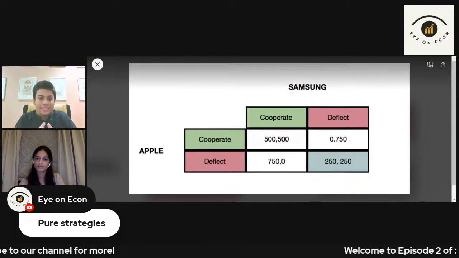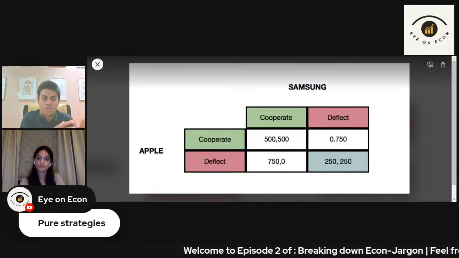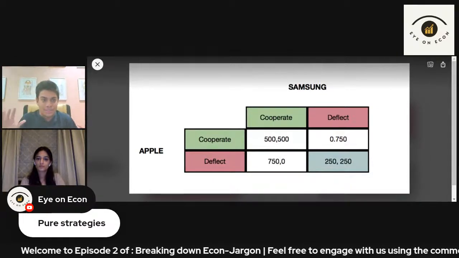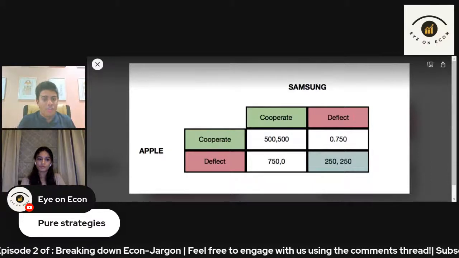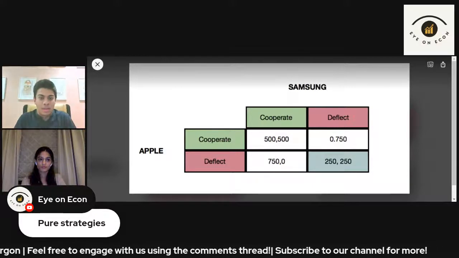So in this case, cooperating would mean going ahead with that agreement and sticking to a certain quota on price or quantity that both companies have agreed with. Deflecting or defecting from it would mean straying away from it and having your own independent strategy.